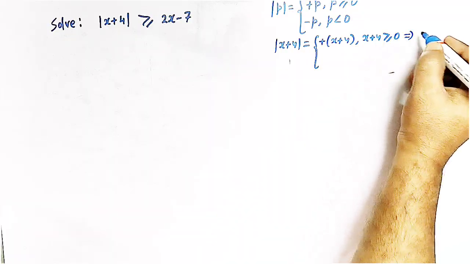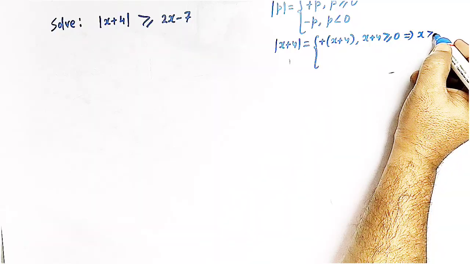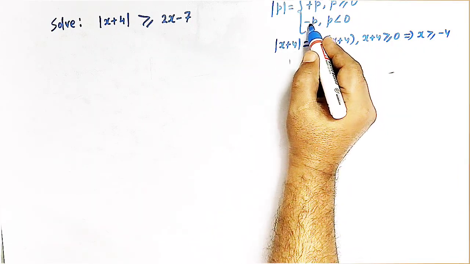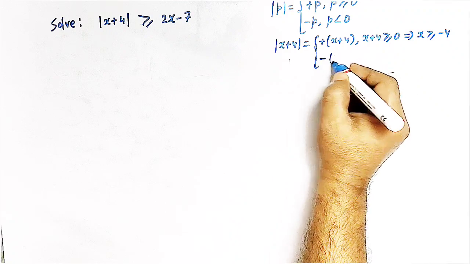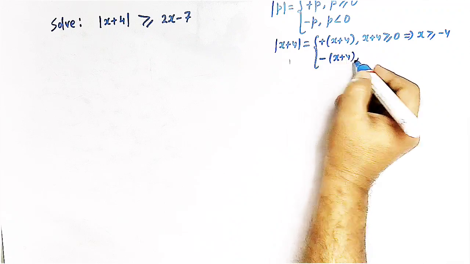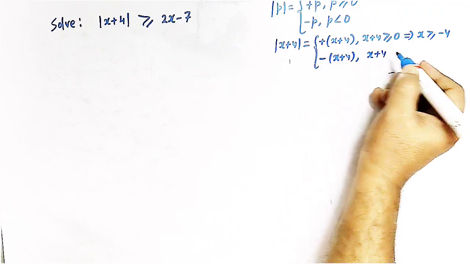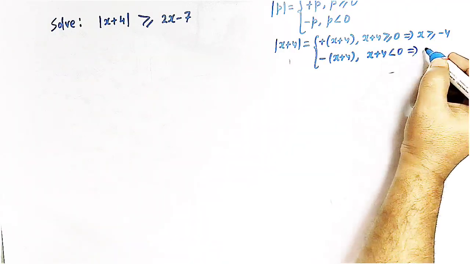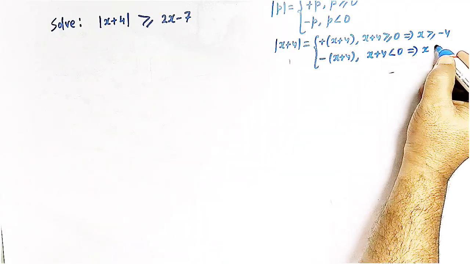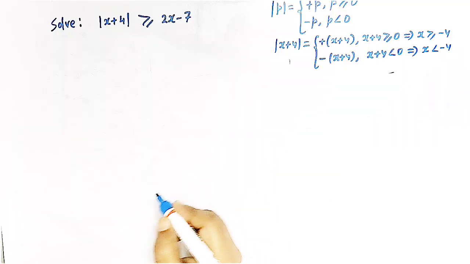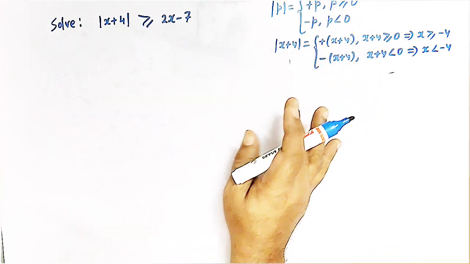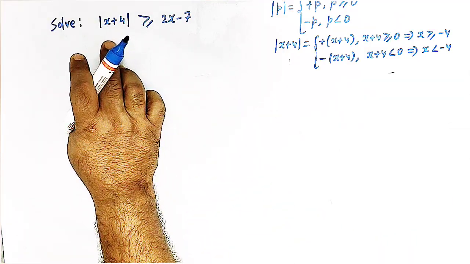So from here we can write x greater than or equal to minus 4, and mod of x plus 4 is equal to negative of x plus 4 when x plus 4 is less than 0. So here we can now write x less than minus 4, right? So now here we'll consider two cases, right?